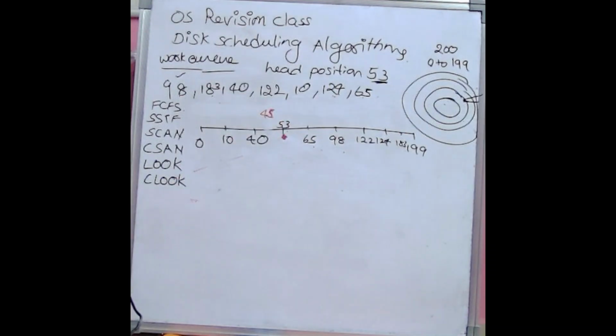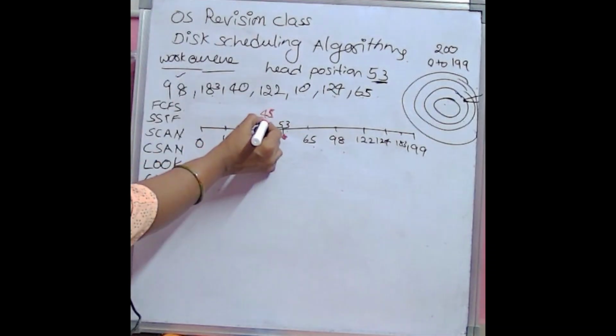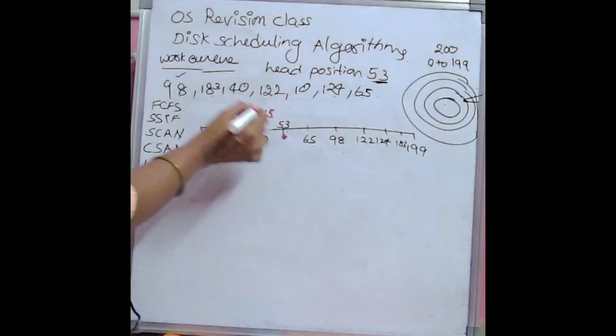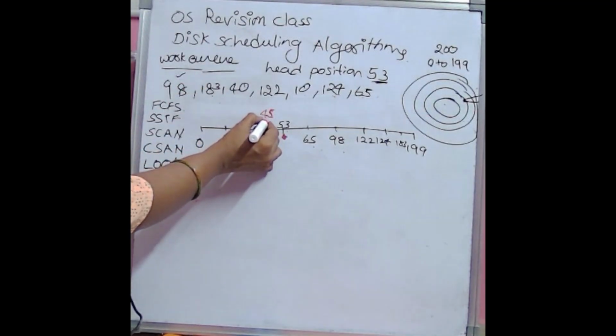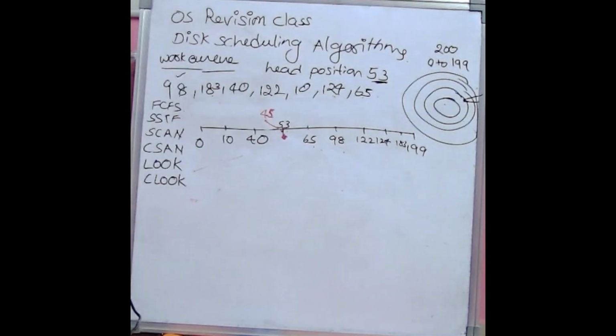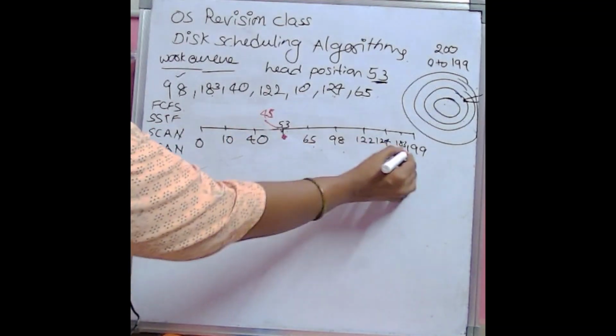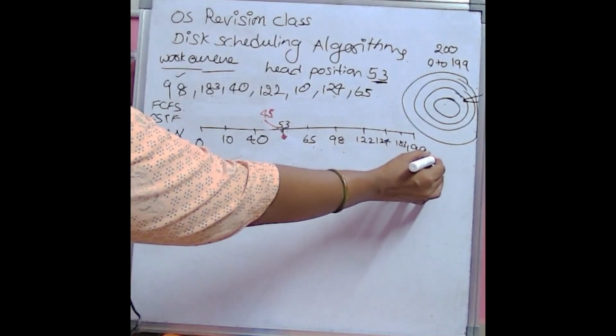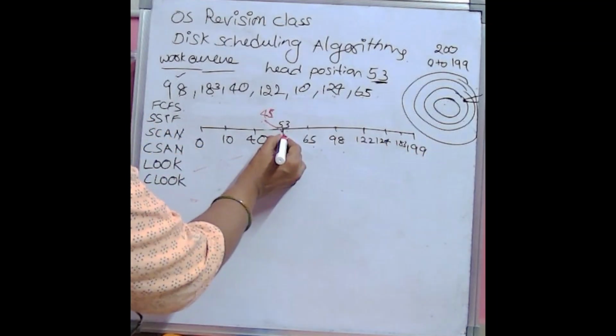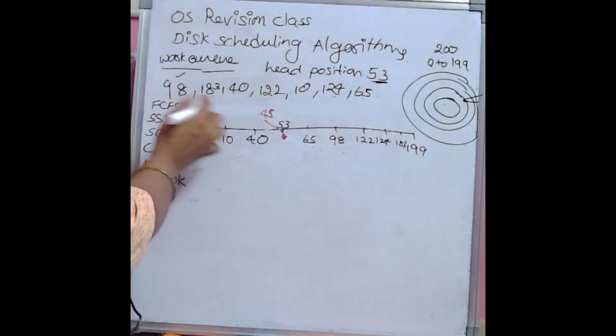That means the head was at 45 and moved to 53. That means it is moving from a lower number to a higher number. Then we'll take this one. Now our requests are this.